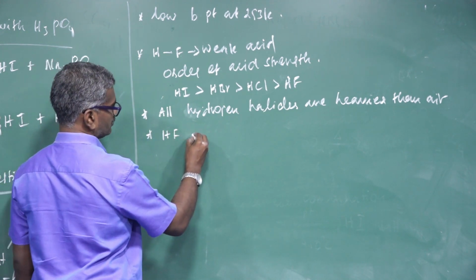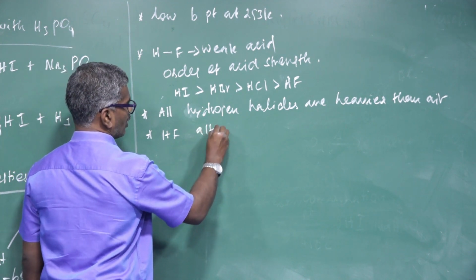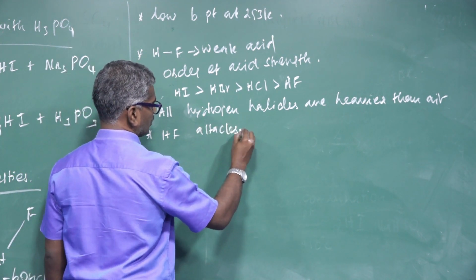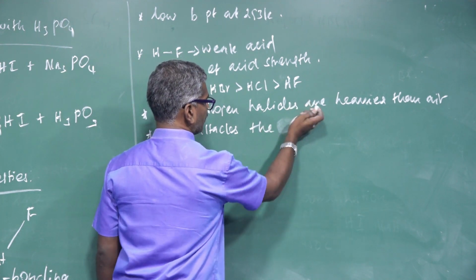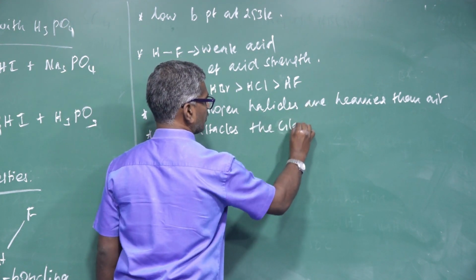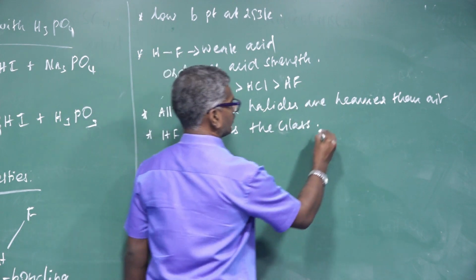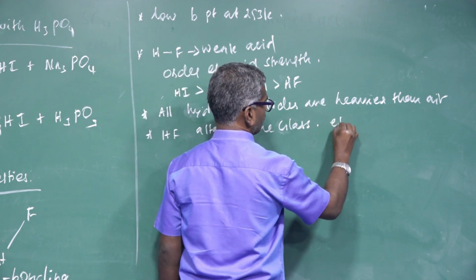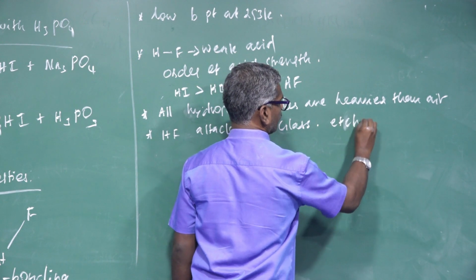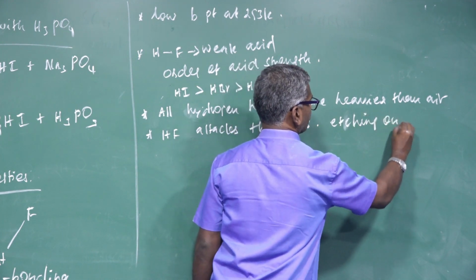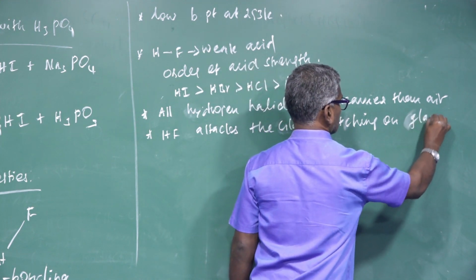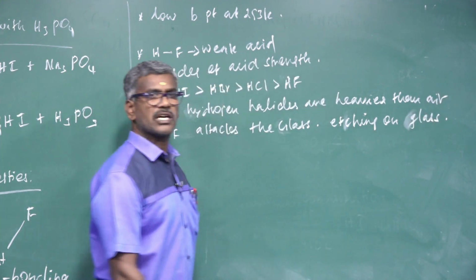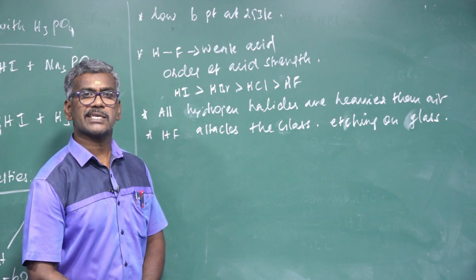HF attacks the glass. That is etching on glass. These are the physical properties of hydrogen halides.